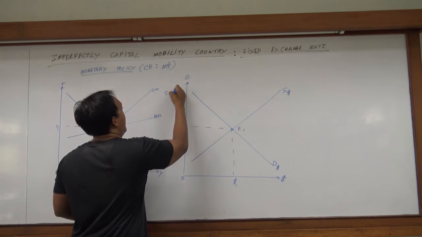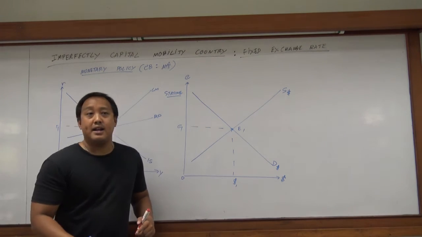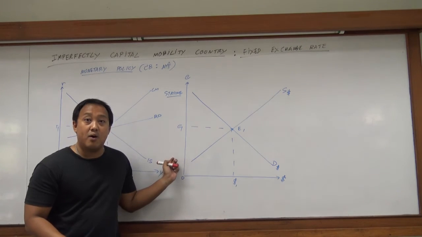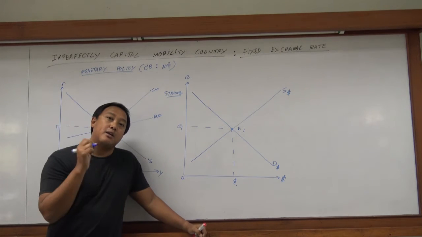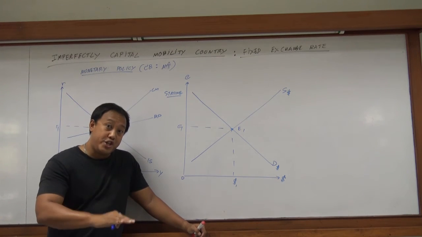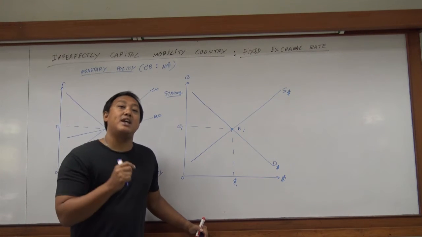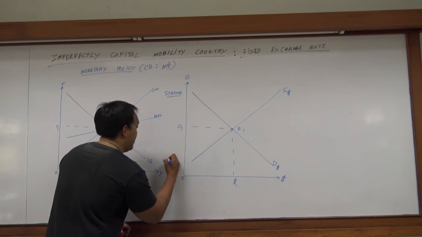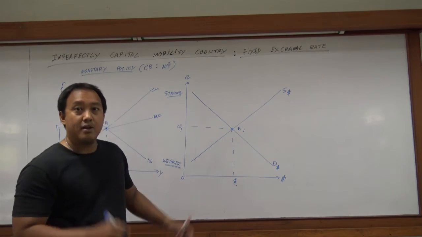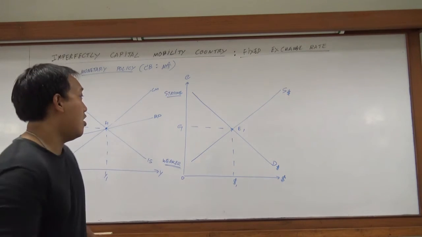On the other hand, if the nominal exchange rate goes down, the price of the US dollar becomes cheaper, and we say the US dollar has a weaker value. Going down means the dollar is weak. Going up means the dollar is strong.